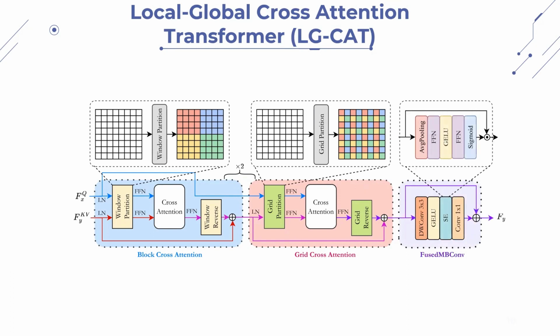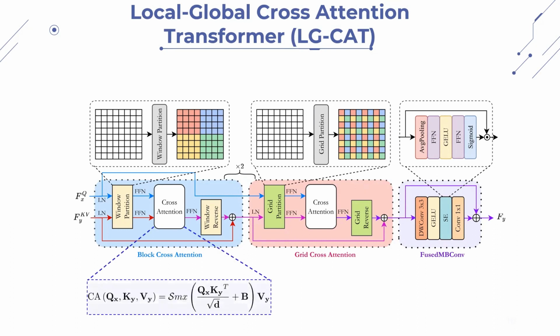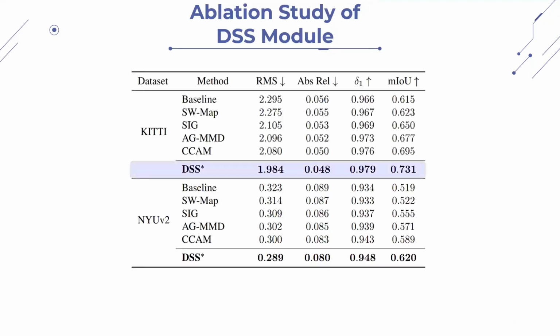Finally, Fused MBConv enables inter-channel interaction while maintaining important properties. In cross-attention, the computation is similar to self-attention, except the query is taken from one task, while the key and values are taken from the other. Our ablation study proves that the proposed DSS method considerably outperforms the other symbiotic approaches on KITTI and NYU datasets, as measured by different metrics.